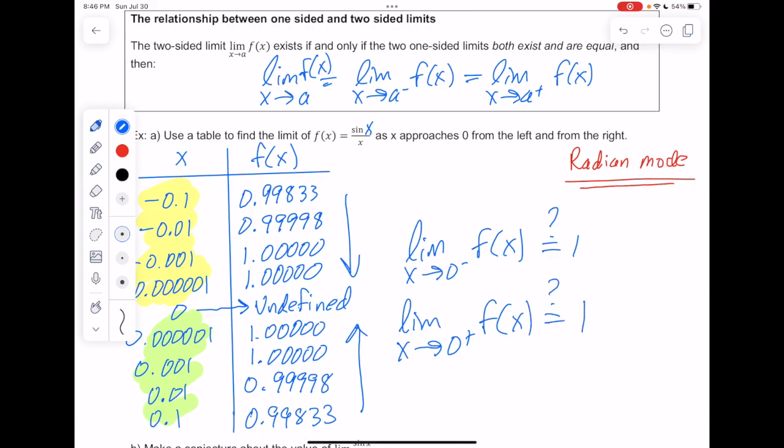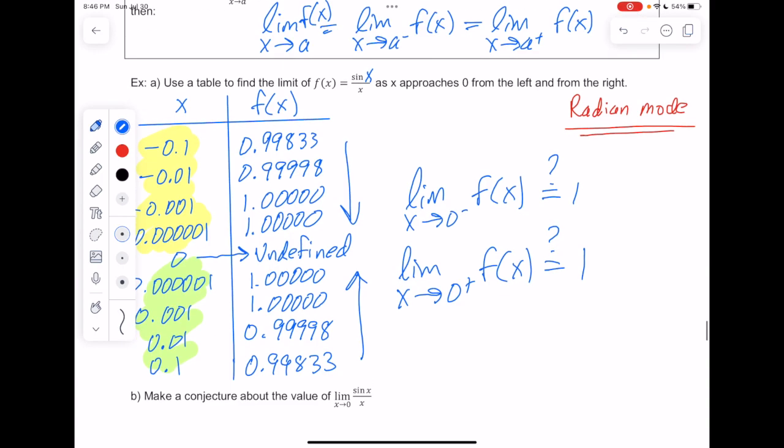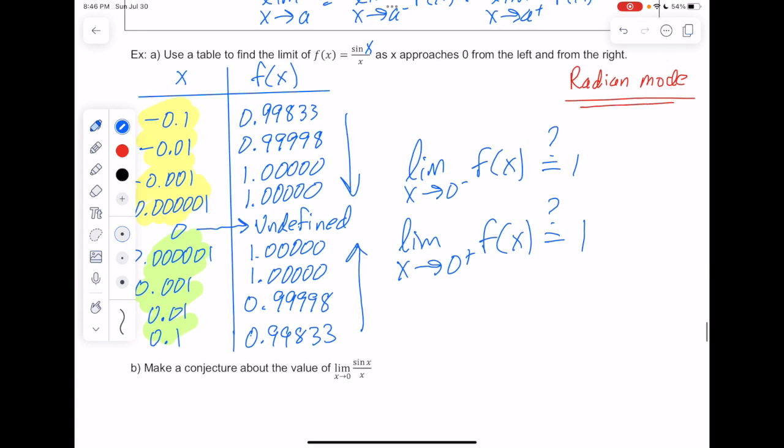So if the left and the right both seem to exist and both seem to be the same, then what's our conjecture about the overall limit down here? We would guess that that is also going to be a 1. Again, because the limit from the left and the right exist and are the same. When that's the case, the overall limit is the same value.